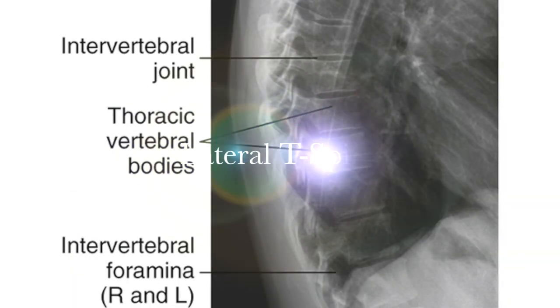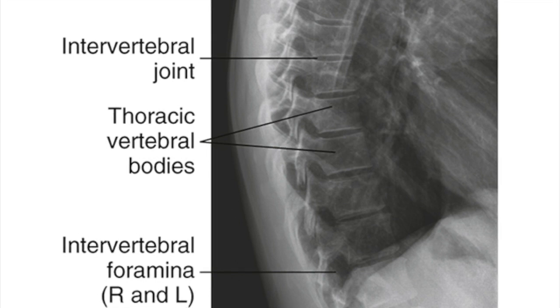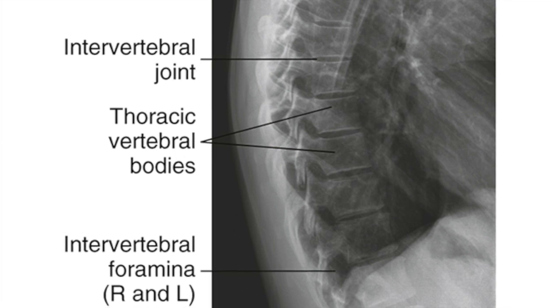Anatomy demonstrated in the lateral position for the thoracic spine will be thoracic vertebral bodies, intervertebral joint spaces, and intervertebral foramina. T1 to T3 will not be well visualized, but that's why we do a swimmer's position so we can get the extra vertebrae.